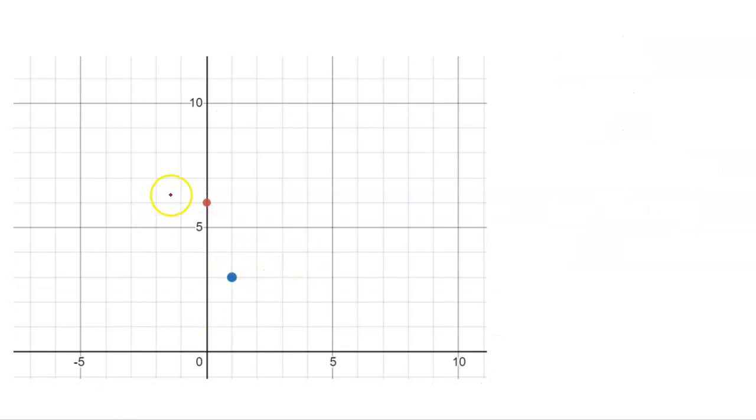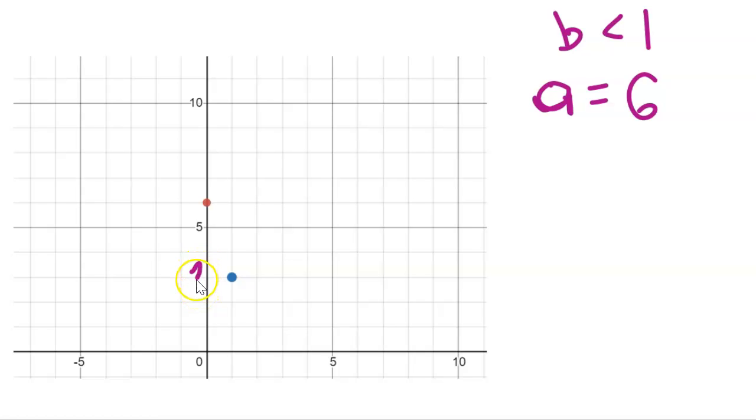Last one, this time we are going down. Remember, that means that B is going to have to be less than 1, which just means that I'm going to put 1 over whatever that number I'm dividing by is. So we're going to start by finding A again. A is 6, because that is where the red dot is. Then I can look down here, and this is at 3.